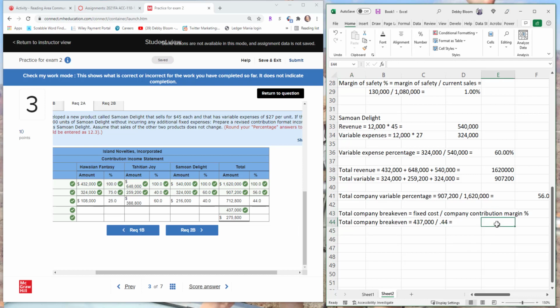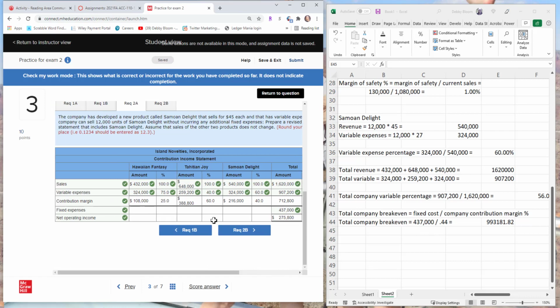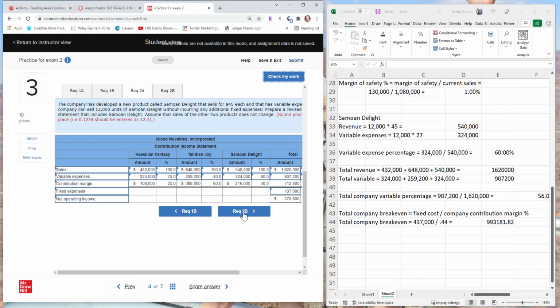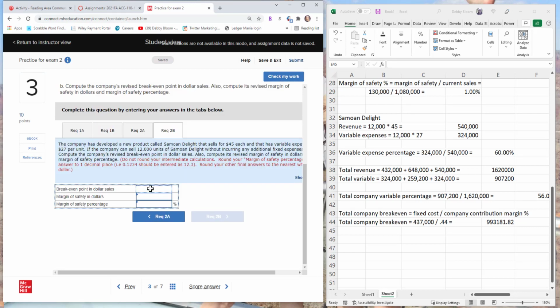So if I take 437,000 and divide by 0.44, I'm going to get $993,181.82 in break-even sales. So we're supposed to round our answers to the final whole dollar.